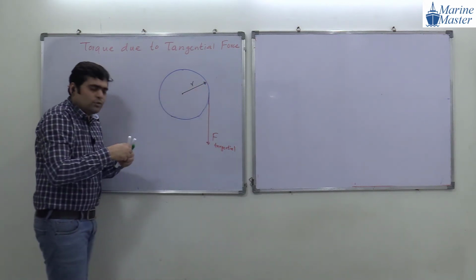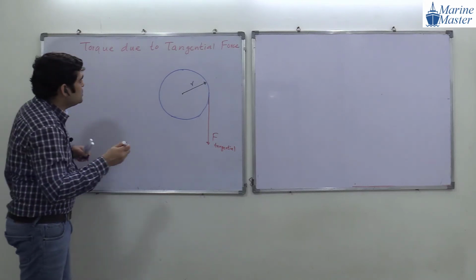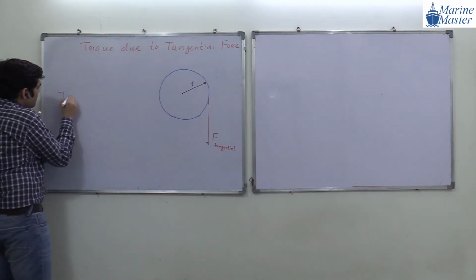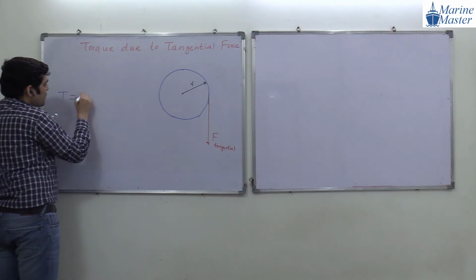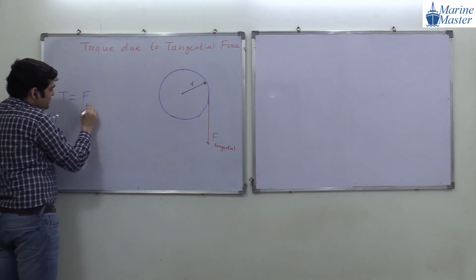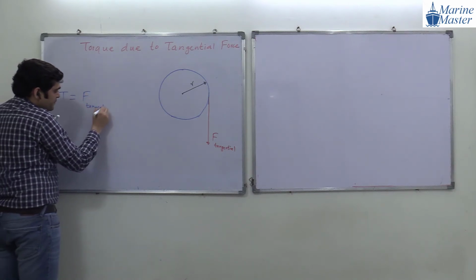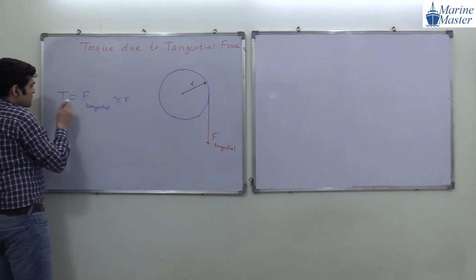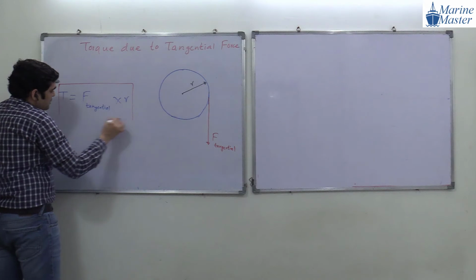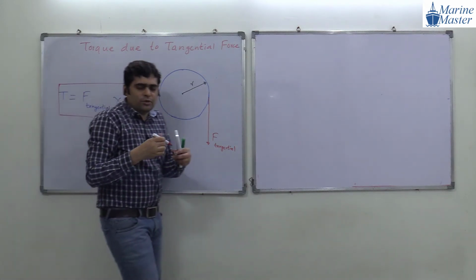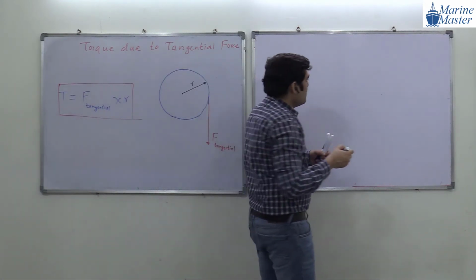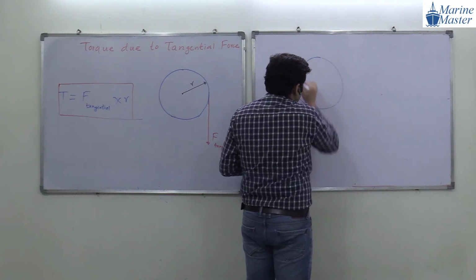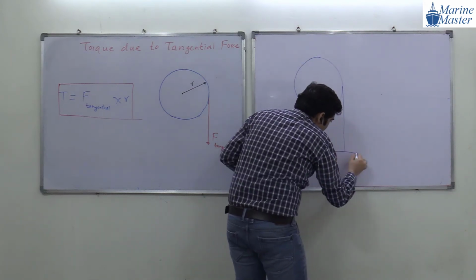So the torque due to this tangential force, guys, is equal to F tangential into radius. Everyone getting my point? Try to see the scenario here. A few minutes before we have seen a disc with a mass M like that.